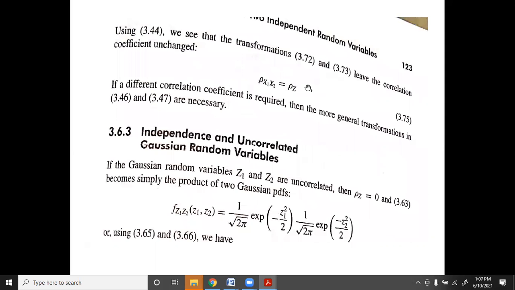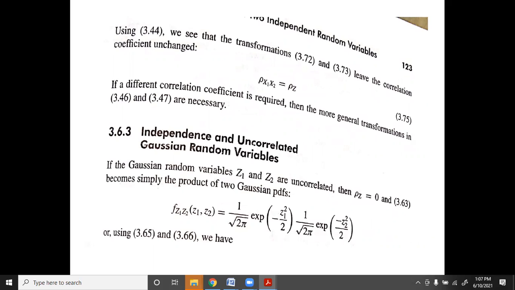Now it is very important to consider over here that if the Gaussian random variables Z1, Z2 are uncorrelated, if they are not correlated at all, then sigma Z will be equal to 0. E of Z1, Z2 will be equal to 0.